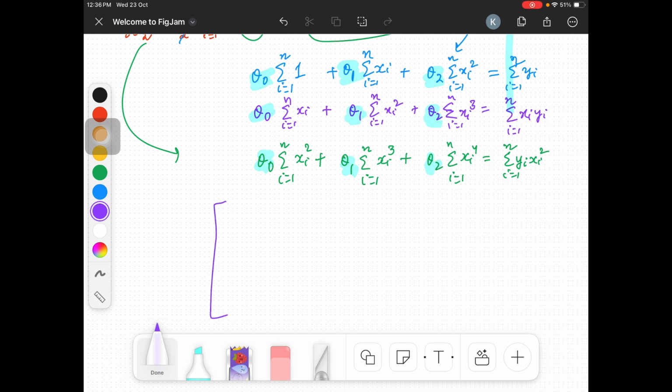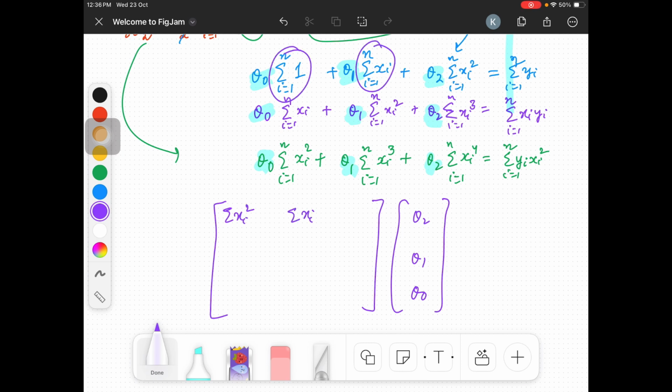It's your choice how you want to write it, right? So if I write theta naught here, theta 1 here, theta 2 here, then my first equation has xi square, and this is xi, and the summation of 1 from 1 to n is going to be n.